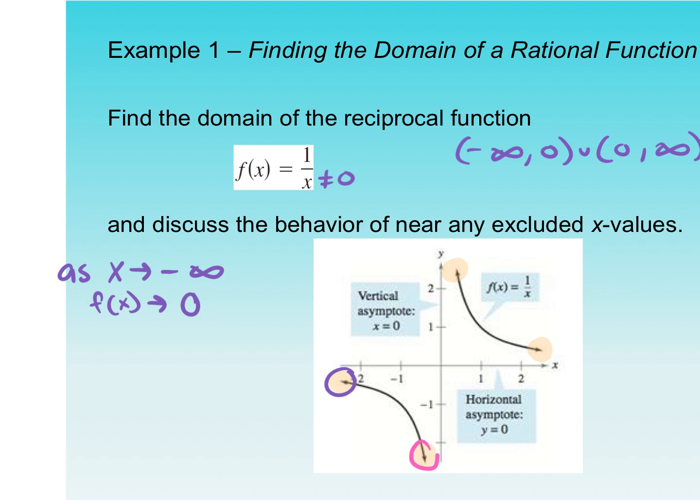Now to describe the one down below, we'd say as x goes to, where's x going here? X is going towards 0, but we have to be careful because notice how our x is going towards 0 down here and up here. So for the one at the bottom, we'd say as x goes to 0 in the negative direction.